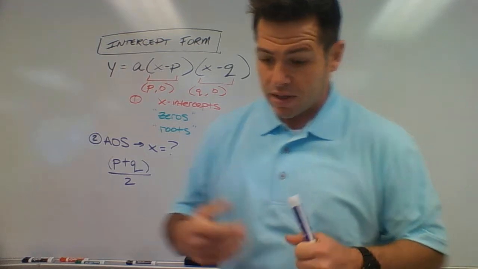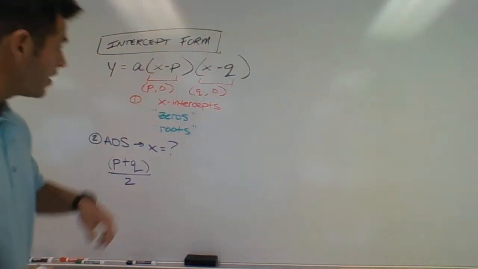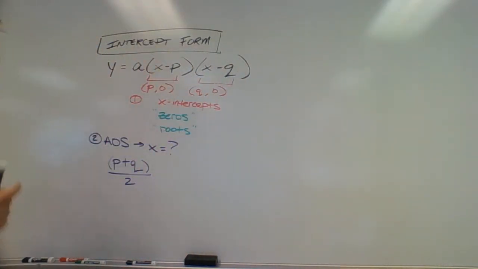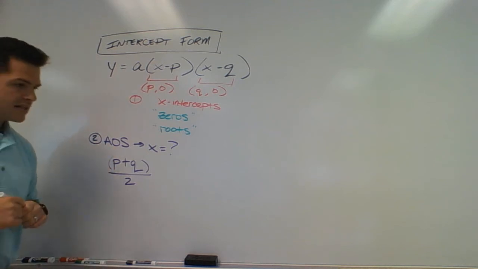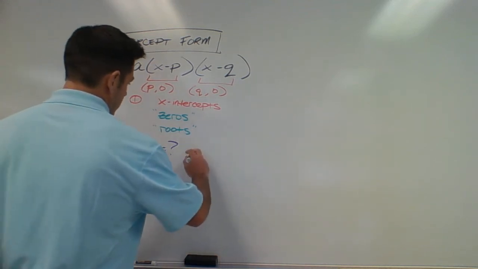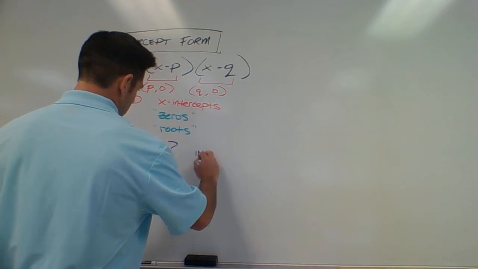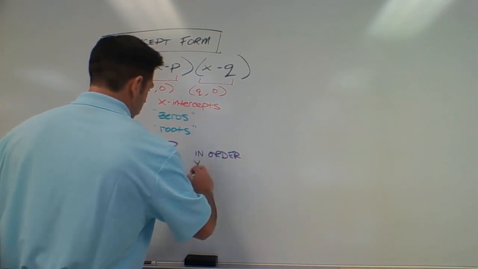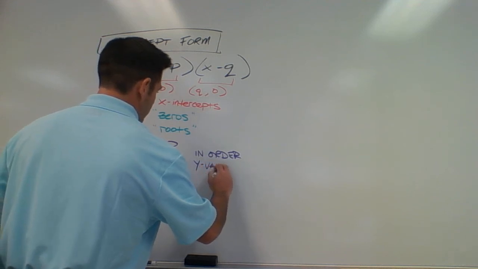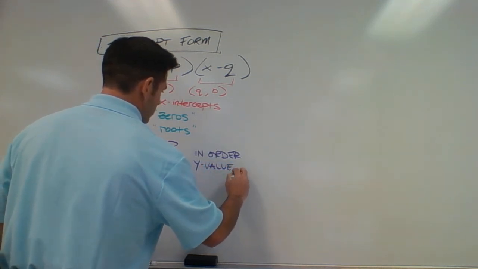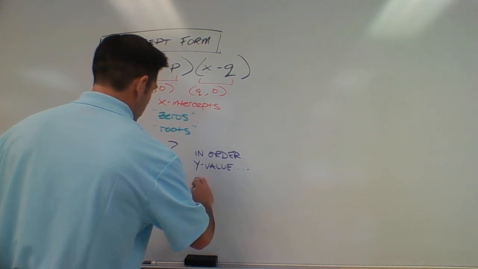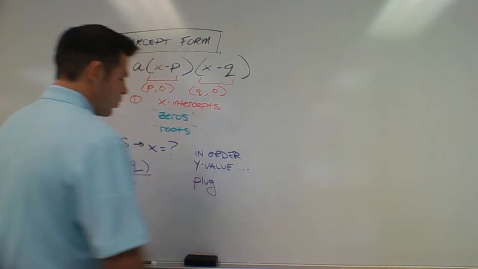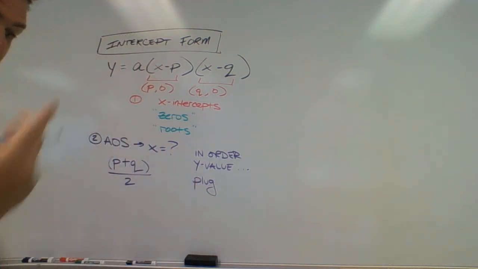So again, now I'm getting to the third point that I'm going to be able to find. Here's 1 and 2. The third point, the x value is the axis of symmetry. And in order to figure out the y value for the vertex, what we're going to do is plug the axis of symmetry into the function.